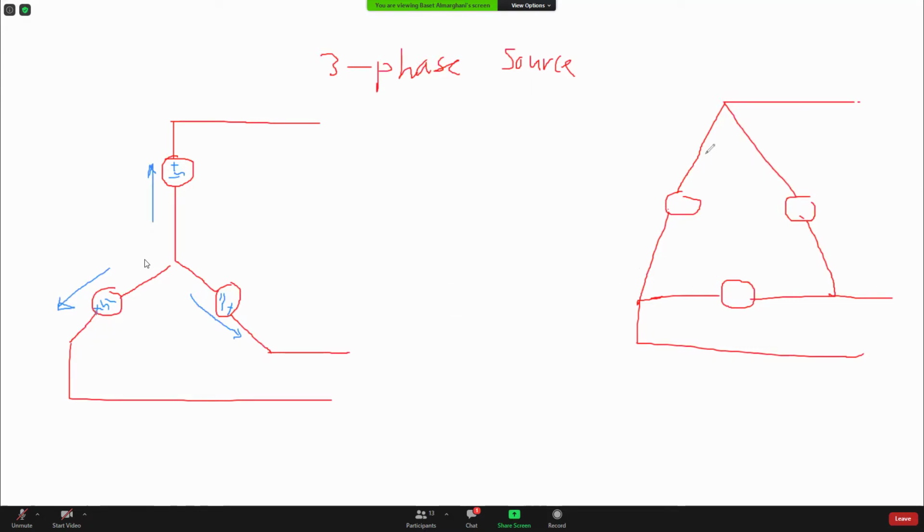Here, the polarity would be positive, negative, positive, negative, and positive, negative. So this is the point A, this is B, this is C. This is A, this is B, this is C.